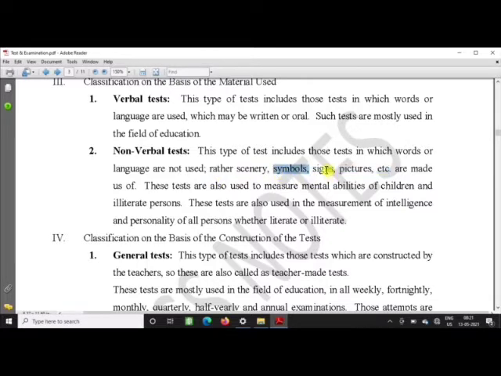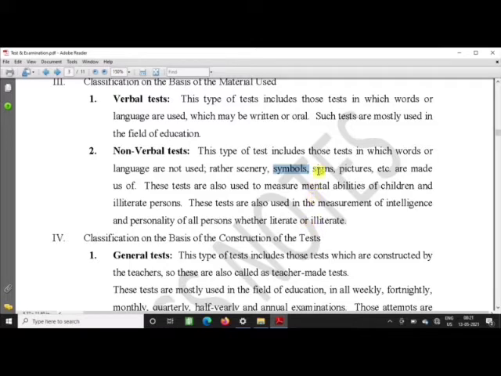Students are given some kind of symbols and signs, and pictures are shown, and they are given some task that they have to perform. These tests are used in measurement of intelligence and personality of all persons, whether literate or illiterate, because even illiterate people can understand those symbols and signs, because here alphabets are not necessary.